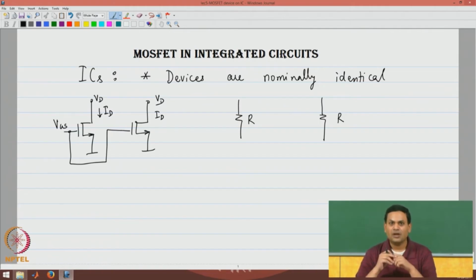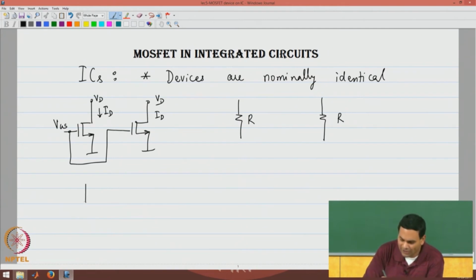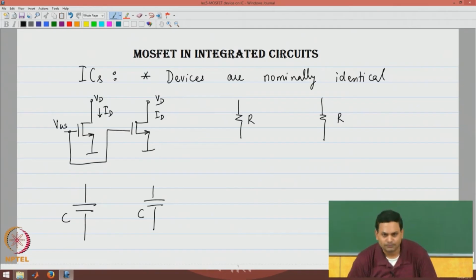What I cannot guarantee is that if I take two different ICs and I have the same dimensions of MOSFET or resistor or capacitor, on those two different ICs they will have the same value. This is because the two different ICs may be processed in very different ways.